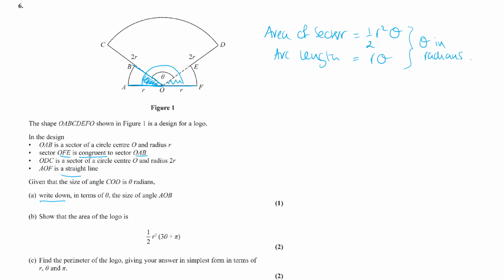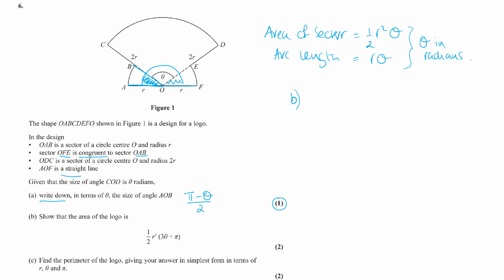It shouldn't take too much work, and it's only worth 1 mark. So when the instruction in the question says state or write down, you're not going to be doing much work, and they're usually just worth 1 mark. So if the whole of the straight line is going to be pi and we take away theta in the middle, that will equate to both of the angles in the sectors. So we just need to share it equally and divide by 2.